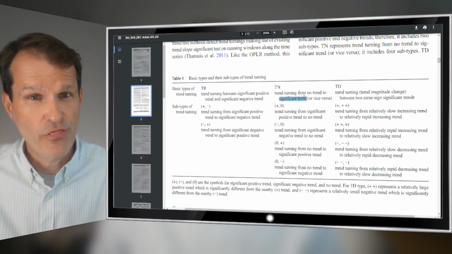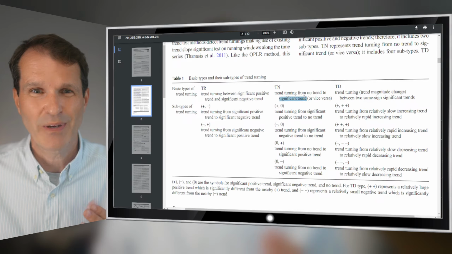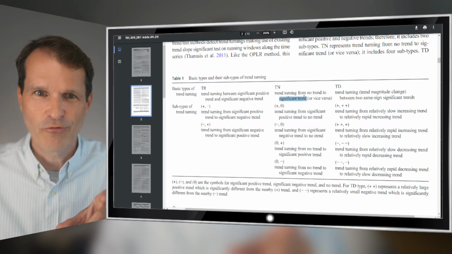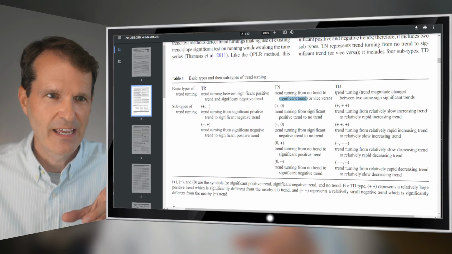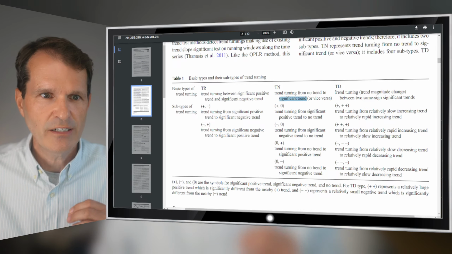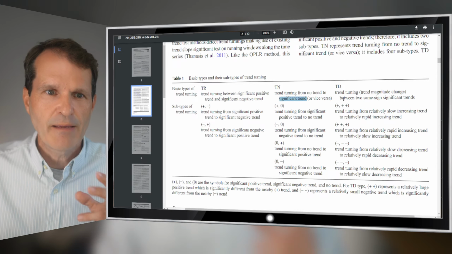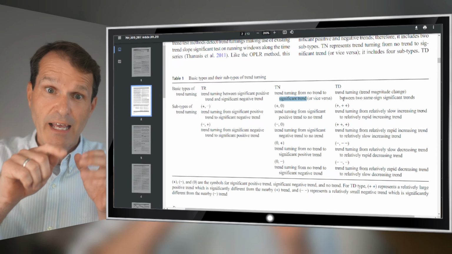And then we have a third change in trend, which is also related to cycles, but not as simple as often referred to in cycle analysis. That's the trend magnitude change. So a trend turning between two same sign trends. Let me explain.